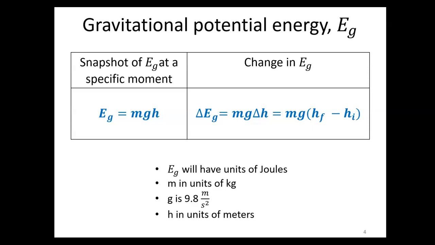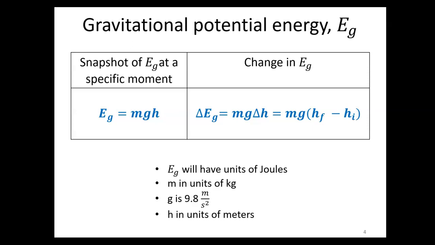But sometimes we want to talk about how the gravitational potential energy has changed. Initially it was at this height, at the end it was at this other height. So we have a formula for delta E sub g, the change in gravitational energy, and that's the weight, which is mg, multiplied by the change in height, delta h.